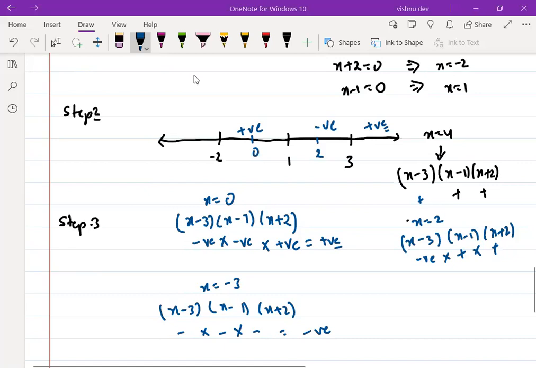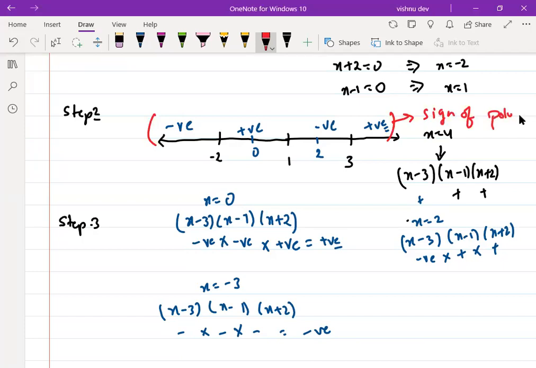So tell me, these plus, minus, minus, plus, minus, what are these? These are the signs of the polynomial, yes or no? Raise your hand.